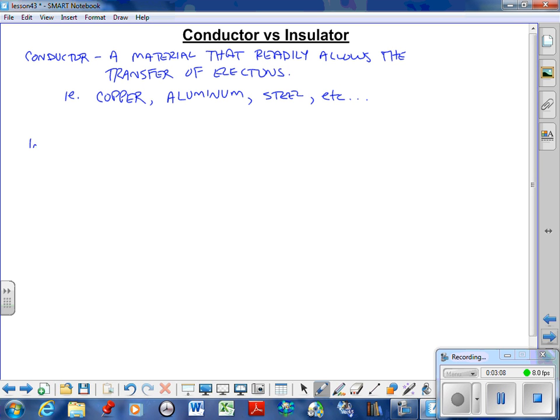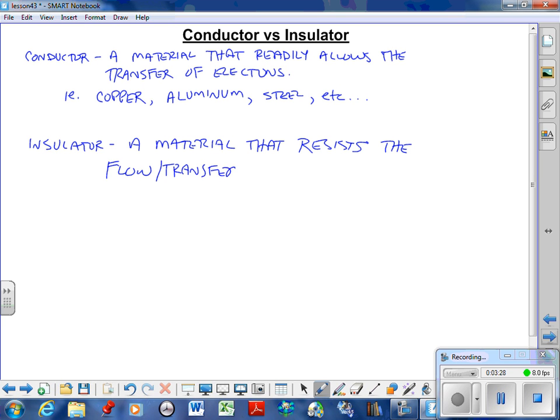Your insulator then. Insulator. This is a material that resists the flow or transfer of electrons.